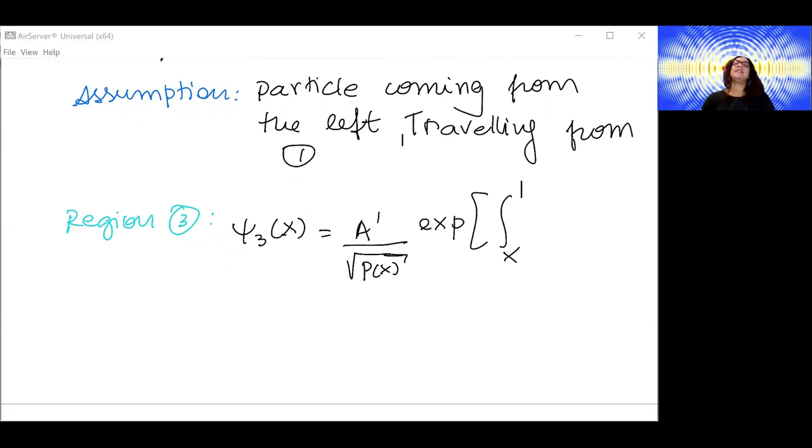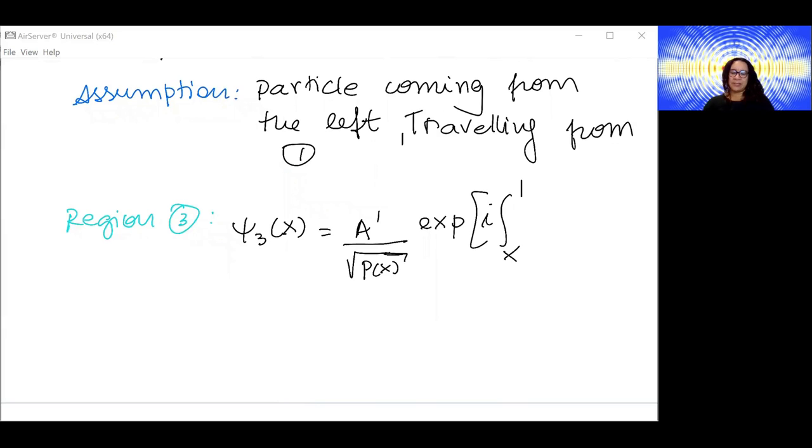Note that x is bigger than the turning point, so this is not going to be exponentially decaying, this is going to be traveling, p(x') dx'. We have something that is going to be traveling from, this is the other way around, hang on. It should be like this.